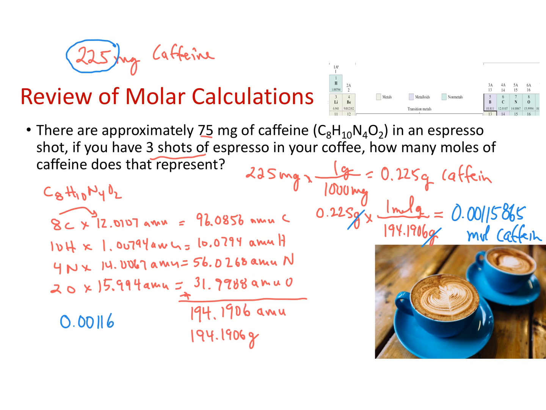We're going to drop everything after the 5, because that number is greater than 5, we're going to round the 5 up to 6. Moving that into scientific notation, I want to move this decimal place 1, 2, 3 places to the right. So 1.16 e to the negative 3 moles of caffeine.